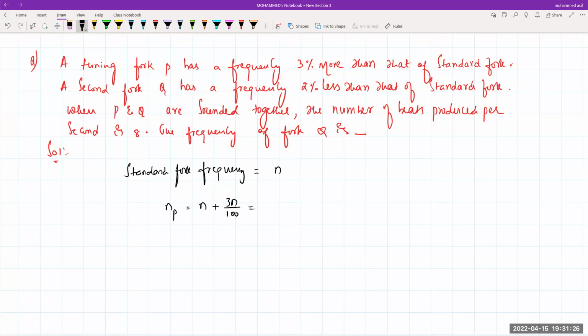So this becomes n into 1 plus 3 by 100, which equals 1.03 times n. And the frequency of Q is 2% less, that means n minus 2n divided by 100, which is n times 1 minus 2 by 100, approximately 0.98 times n.